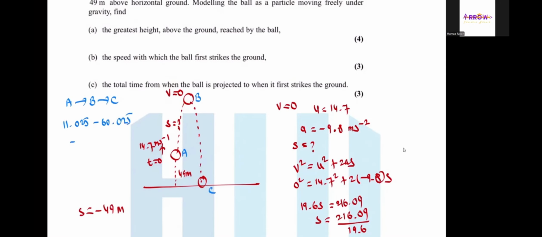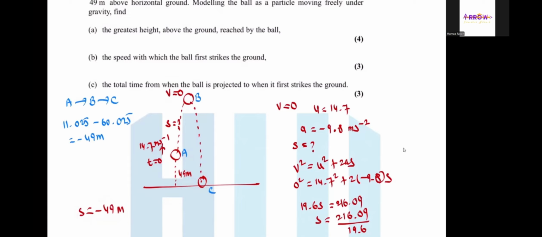Obviously this will be minus 49 meter, because when the ball has come to point C, when it strikes the ground, the displacement is minus 49 meter, meaning it is in the opposite direction. It is 49 meter away from the starting point, but in the opposite direction. So at point C, the displacement is minus 49 meter.